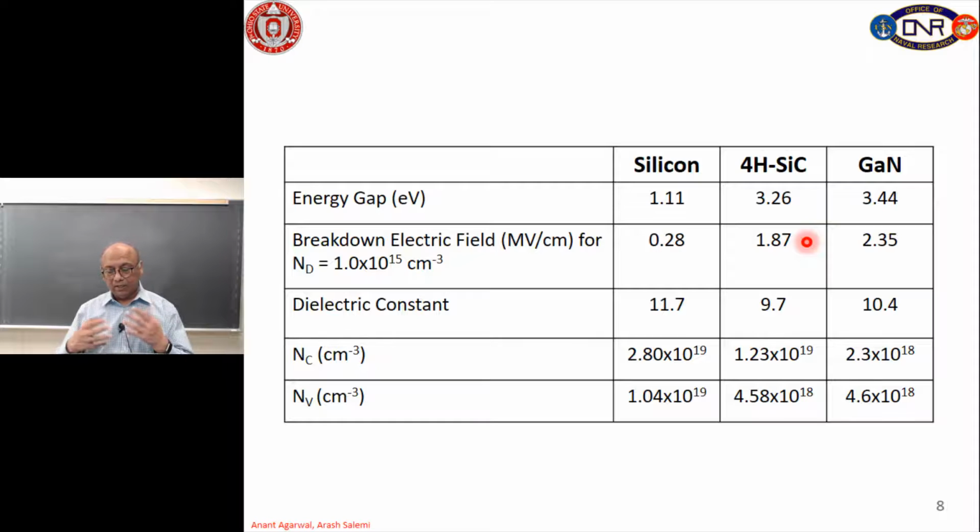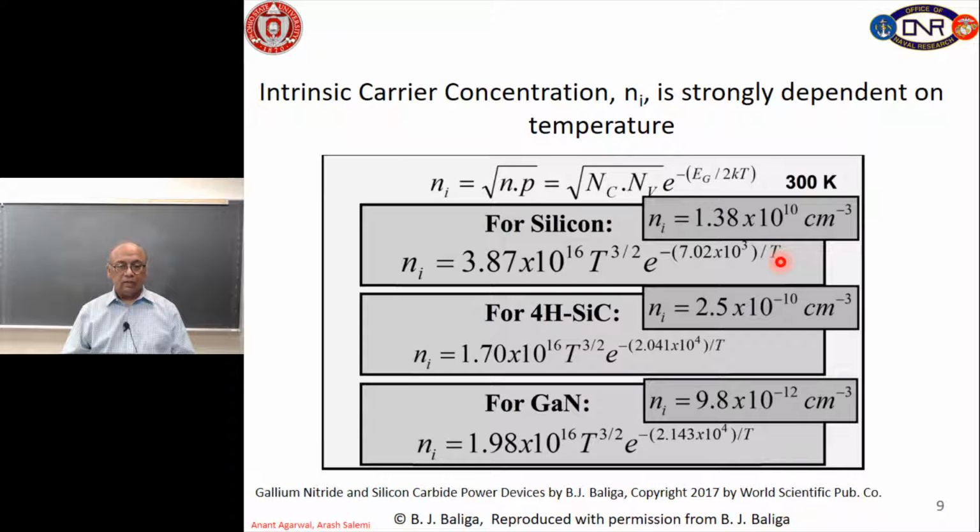Higher the band gap, lower is the intrinsic carrier concentration, and that means we can operate these devices at higher temperature because Ni increases with temperature, but since Ni is so low to begin with for silicon carbide and gallium nitride, it can take very high temperatures to make Ni equal to the background doping. So, it will not easily become intrinsic. So, here are some equations from Professor Baliga's book. You can see the reference below.